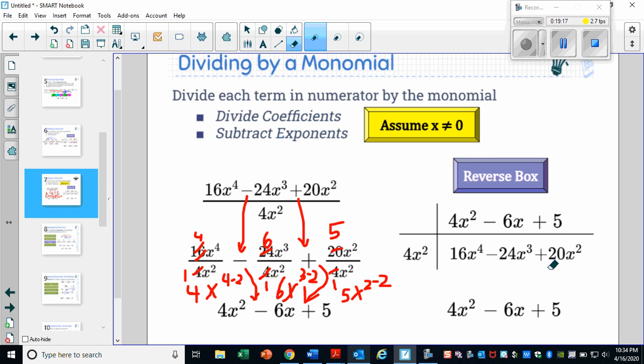And what we will be doing soon is actually doing the reverse. We're going to get a polynomial, and then we need to figure out what the greatest common factor is of your coefficients, and we will look at the variable portion of your term.